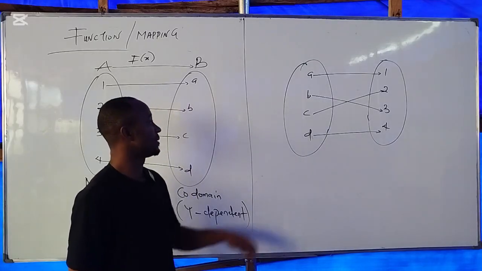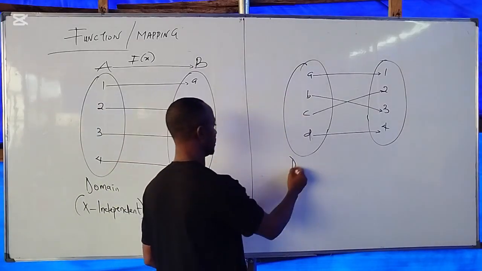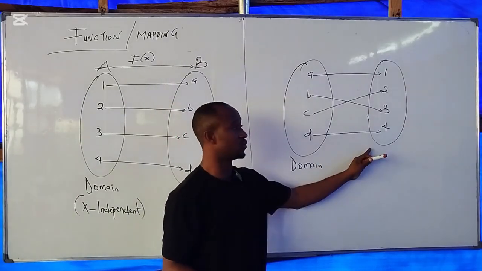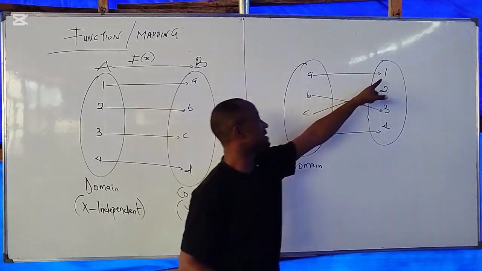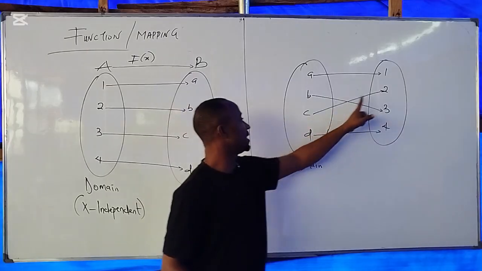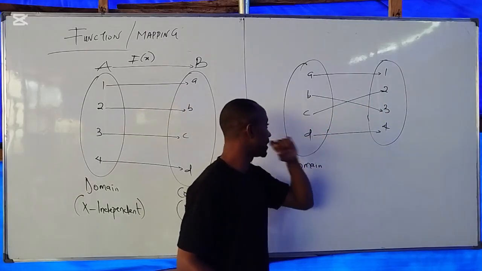Why is it one-to-one? Every element in the domain has a unique element in the codomain, meaning A is only assigned to 1, B is only assigned to 3, C is only assigned to 2, D is only assigned to 4.